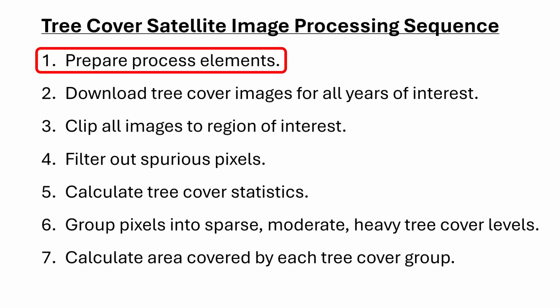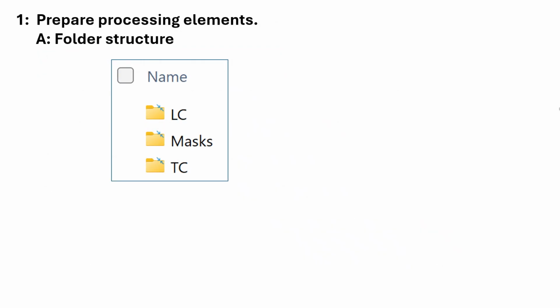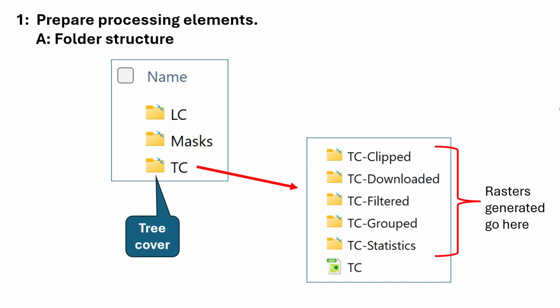We'll start with preparing the process elements we will be using as we go along. Here is a folder structure that you can use to keep track of the elements that we will be creating and using in this tutorial. The tree cover folder will contain a set of folders that will hold different types of tree cover satellite image rasters and support files.